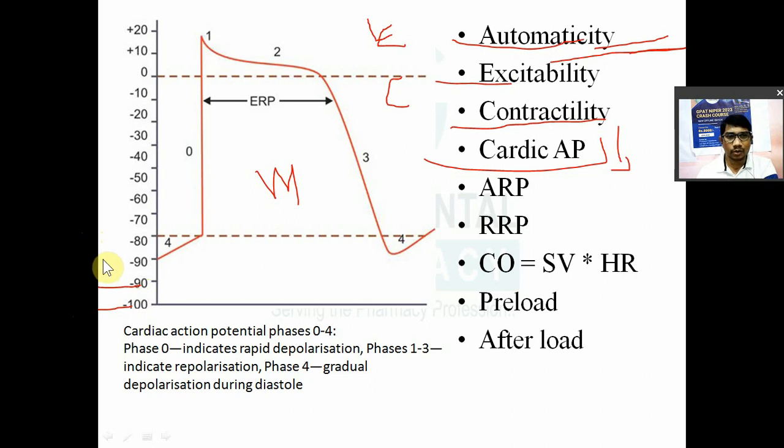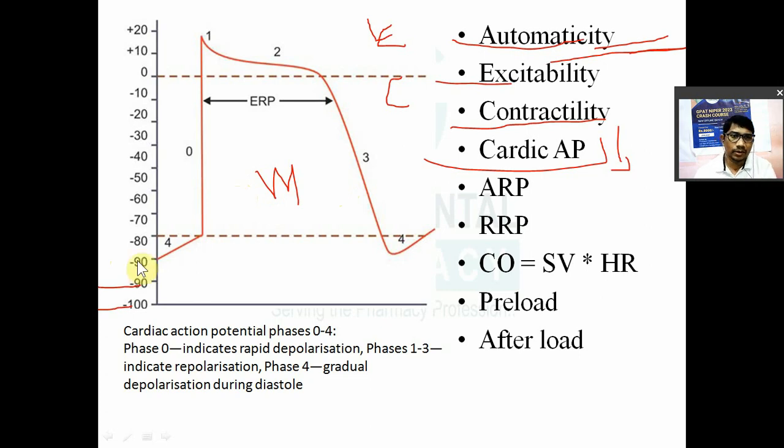Now what happens? As I told you, the action potential is a sequence of events in which there is an inward movement of a few ions or outward movement of ions resulting in depolarization and hyperpolarization. That is known as the cardiac action potential.